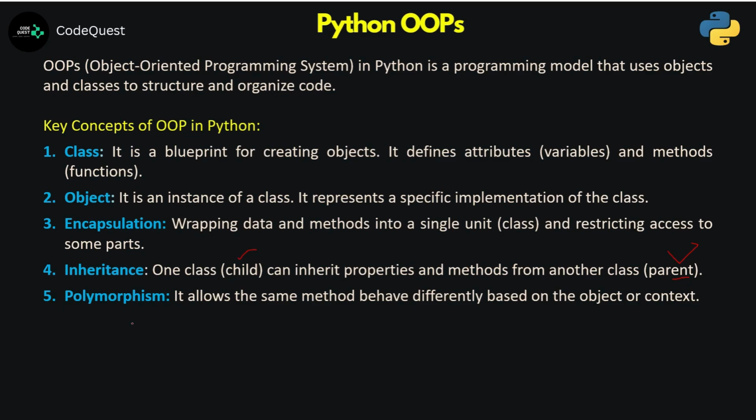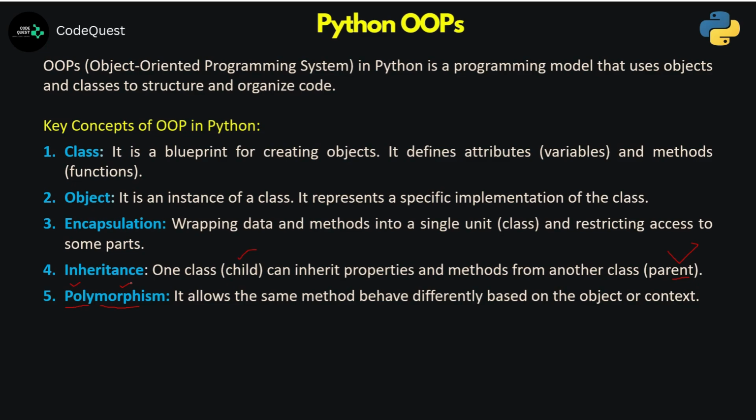Now polymorphism is the way where a method is going to behave differently based on the context. We will see more detail of it. Polymorphism is a combination of two terms: poly, which means many, and morph, which means different forms.